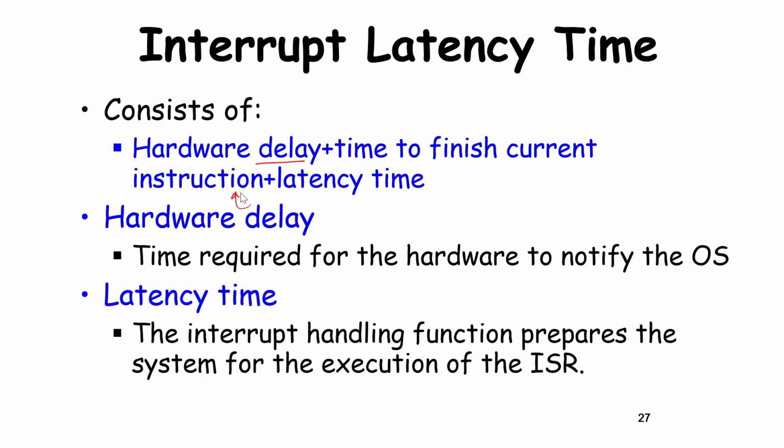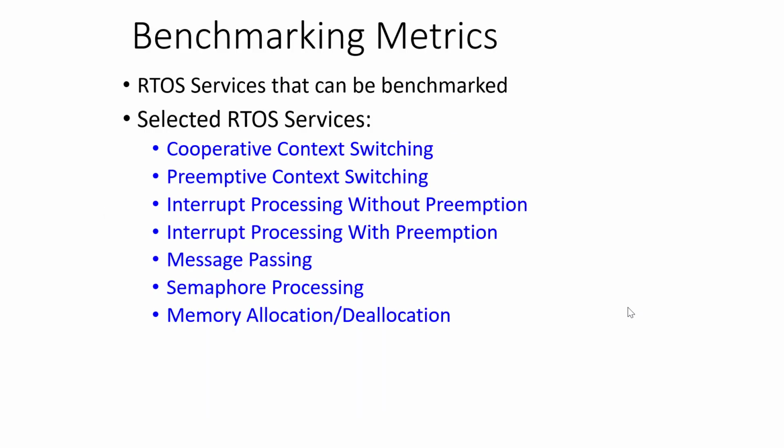And the latency time would be the time required to prepare the system for the execution of the ISR, which means loading the interrupt service table from the OS and looking up the number of the interrupt. So it will be a lookup operation, getting the PC and loading the code of the interrupt service routine into the caches, or at least into the memory.